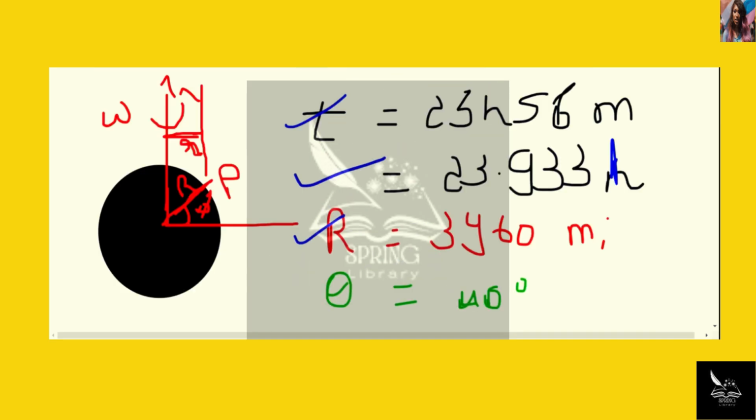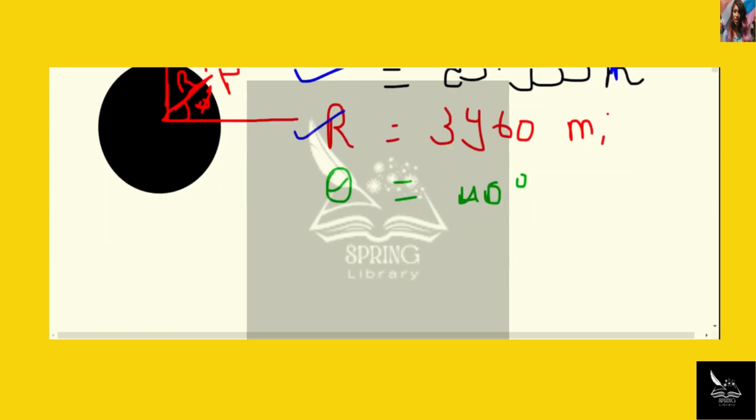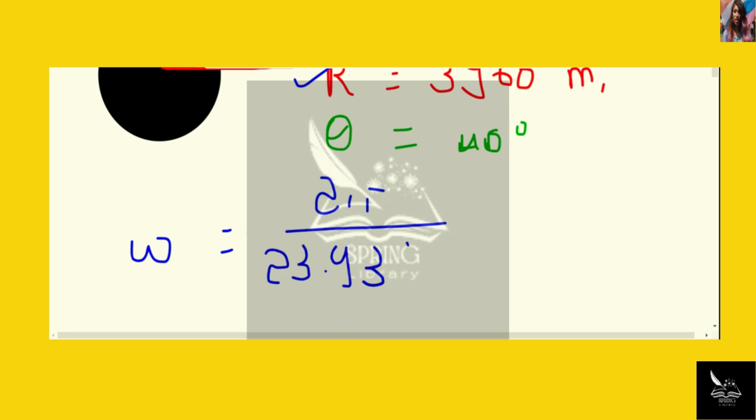The time taken by the Earth to make one revolution is 23.933 hours, which we have already calculated. Now the angular velocity of Earth can be measured as omega is equal to 2 pi upon T. As we know, the time period is 23.933 hours.